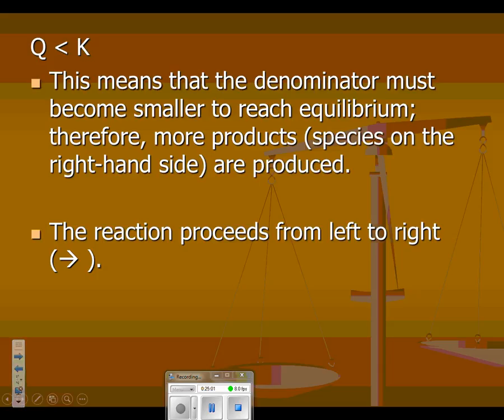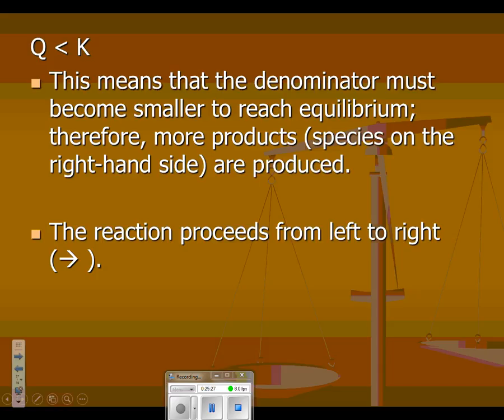So reactants to products. They often ask you this, and this is easily a multiple choice question. If I have a Q of this and a K of this, which way is this reaction going to go, forward or reverse? Well, if Q is too big compared to K, I need to get rid of products and have more reactants to find equilibrium, so it's going to shift back to the reactants.